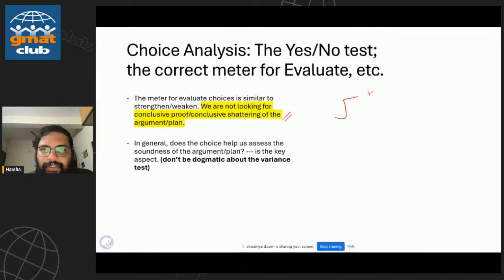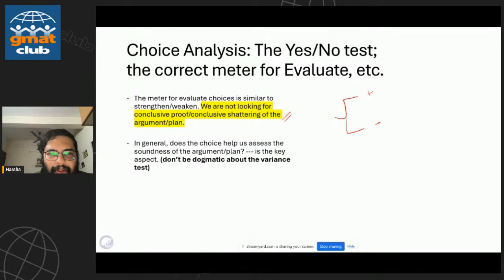In other words, just like a strengthener would, it just has to make you believe a little more in that conclusion. You should not be asking the question, but what if this happens this way, and find some obscure case to break it. Not the point. Similarly, in the other direction, it absolutely makes you doubt the argument or plan, right? It does not have to absolutely shatter the plan.